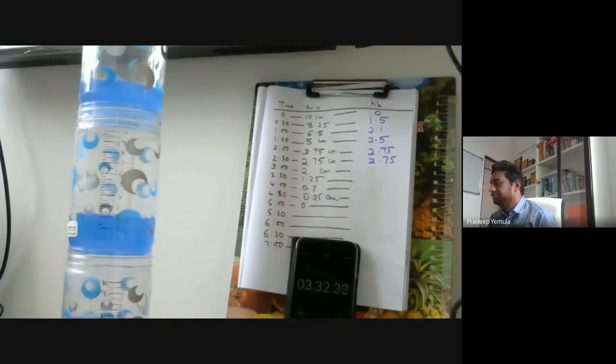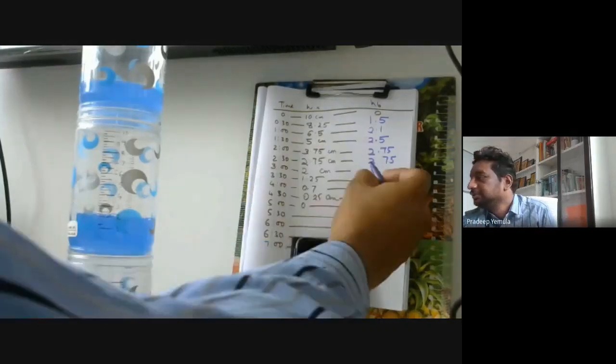I think I missed the reading at 3. Anyway, it's okay. We'll take the reading at 3:30. So 3:20. Okay, now the time is 3:30 and the reading is 2.25.